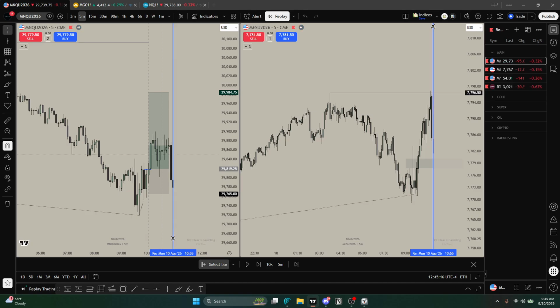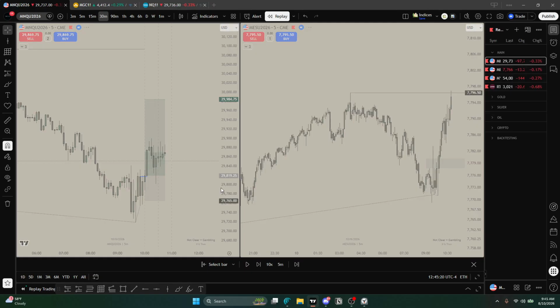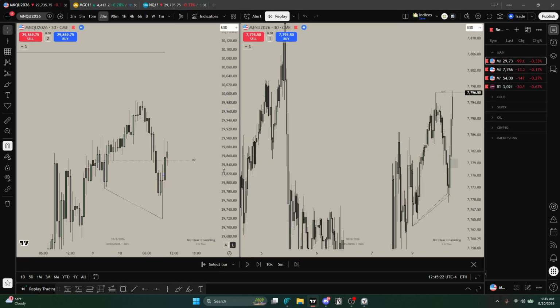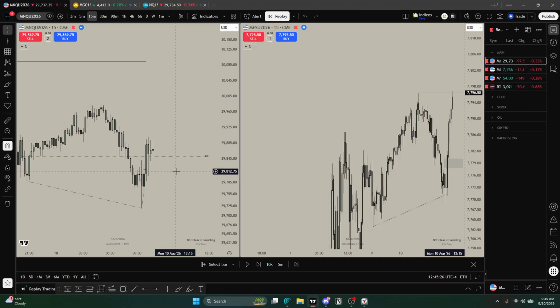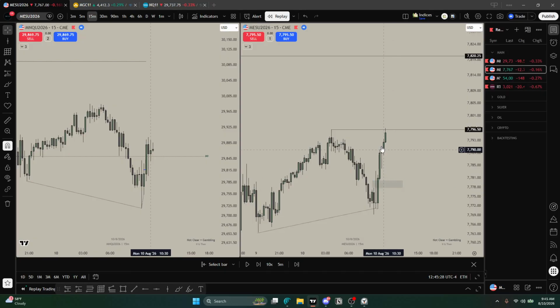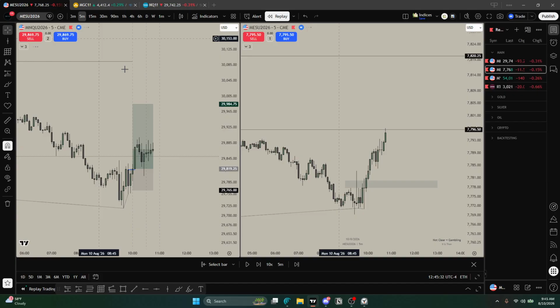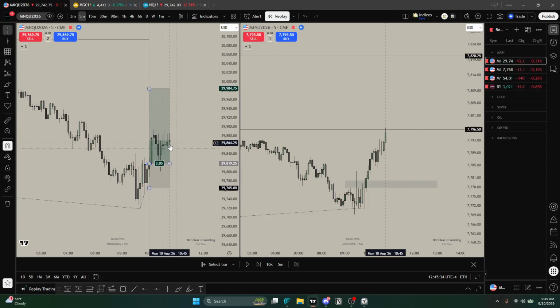But going into it, I would say it probably would be valid to trail to break even once ES took this out here. So right when we take this out right here, I'm going to break even 100%. And hopefully we just expand. We don't shoot lower.